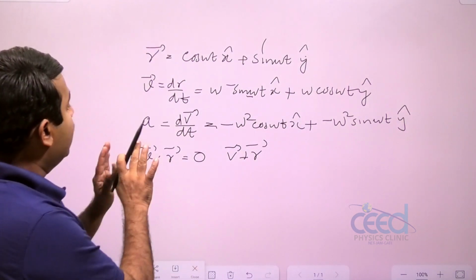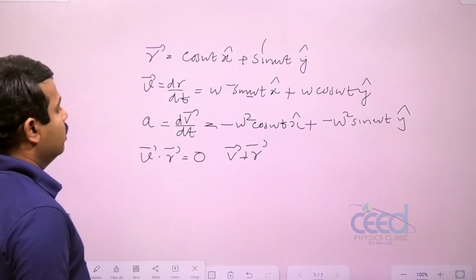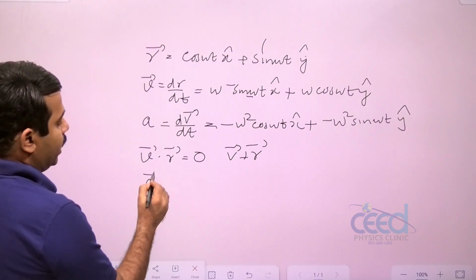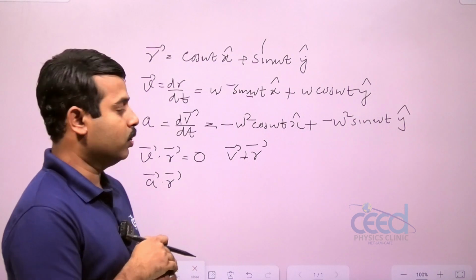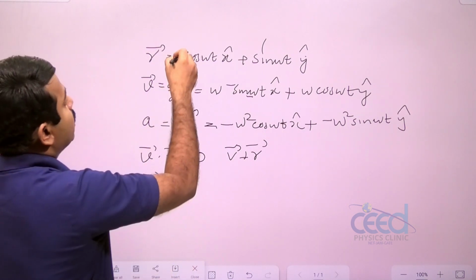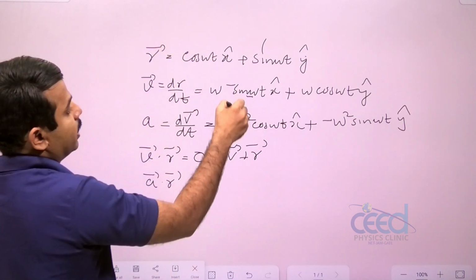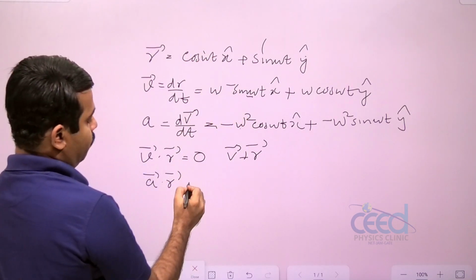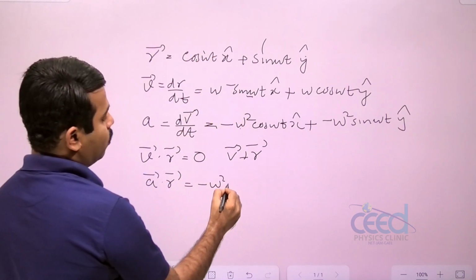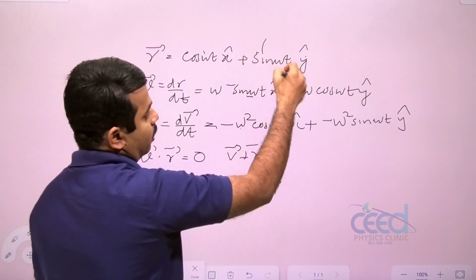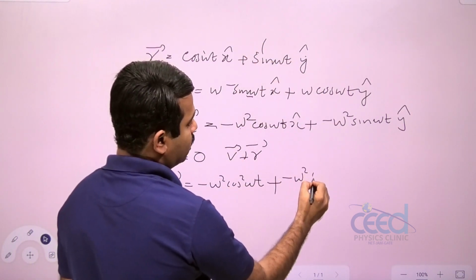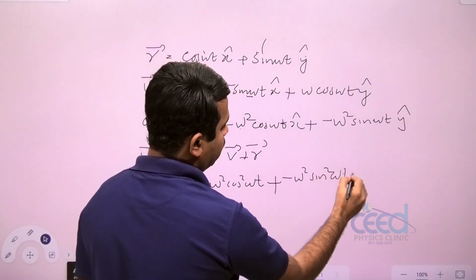Now second, what about a dot r? We want to check whether acceleration is perpendicular to r or not. Now what is the dot product between acceleration and r? This becomes minus omega square cos square omega t plus minus omega square sin square omega t.